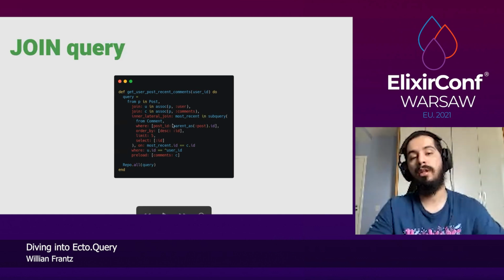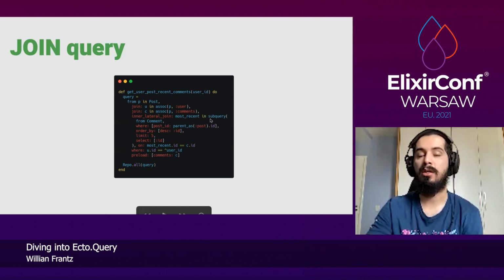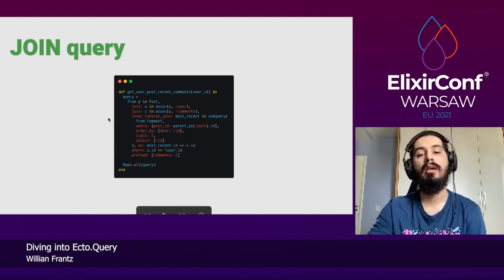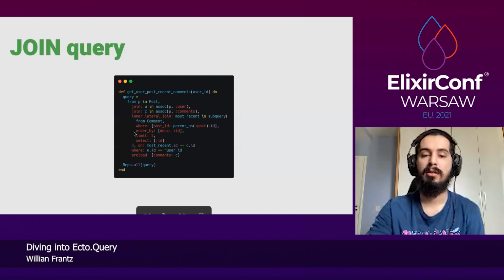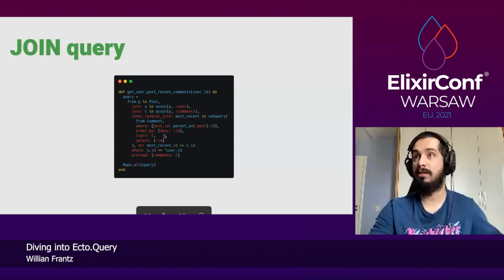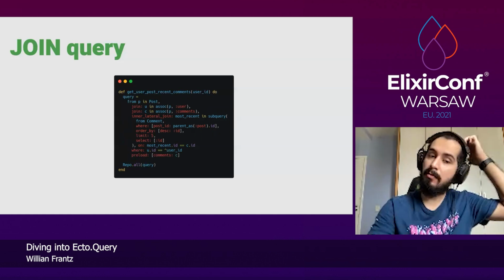So this inner lateral join is doing our sub-query, and we have the most recent, and we are querying from comments where the post ID is the post ID that we are querying. And we are going to order by ID descending. So we want to query the most recent, so the ID must be descending.